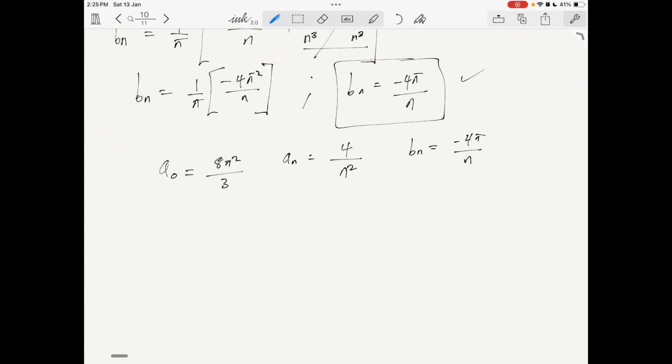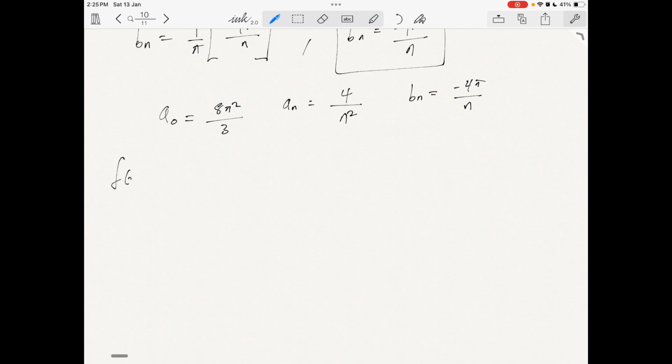Now, if we input it into the Fourier series formula, this says f of x is equal to A naught over 2 plus summation from n is equal to 1 to infinity of An cos nx plus Bn sin nx. So we can substitute our terms of A naught, An, and Bn.